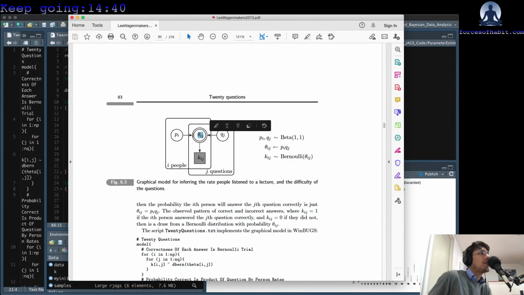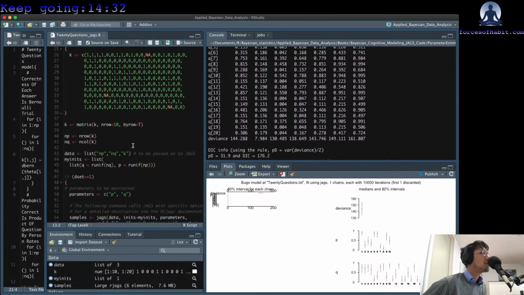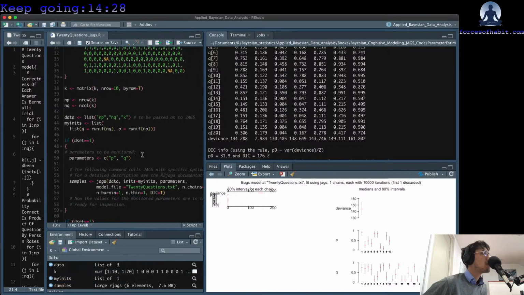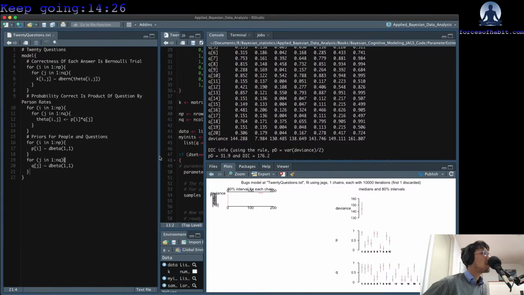I'm curious, where'd data go? Do we not want data? It'd be cool to see theta.